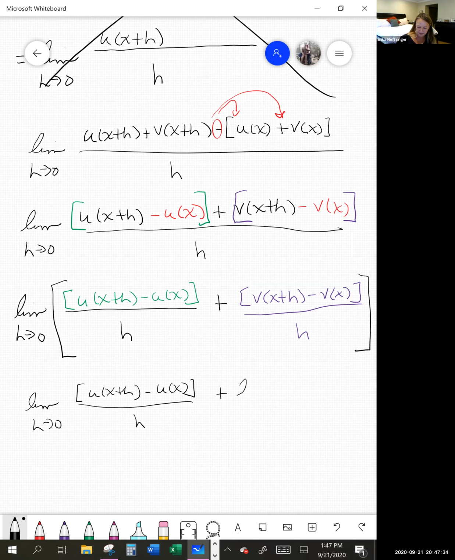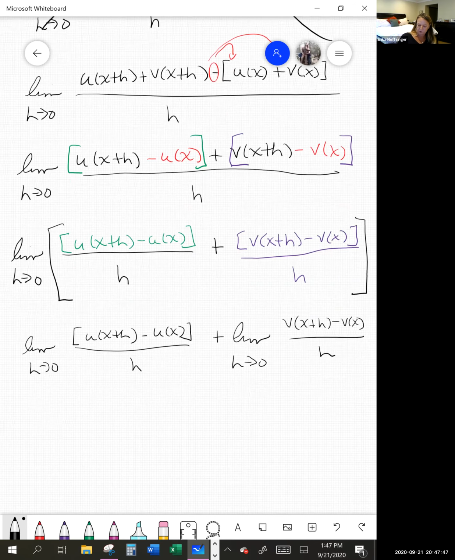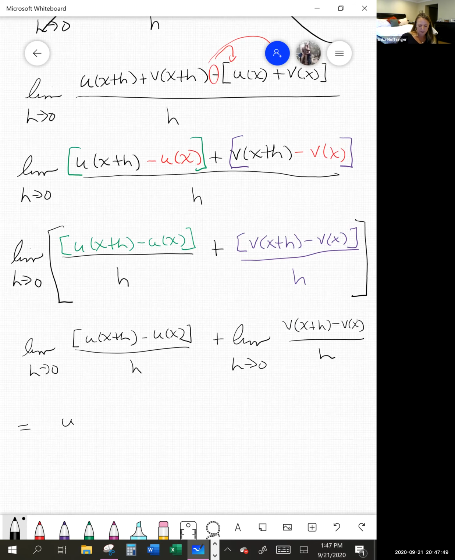And plus the limit of the second piece, that's the definition of the derivative of v of x. So this is equal to u prime of x plus v prime of x, or if we want to write it in the notation they had, du over dx plus dv over dx.